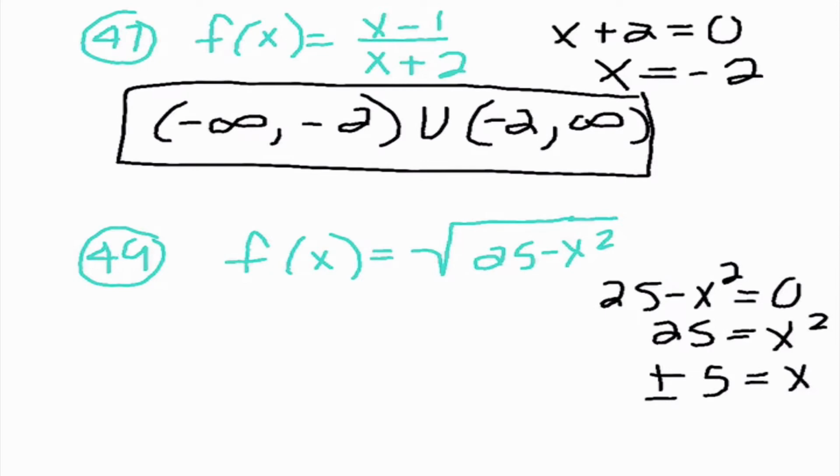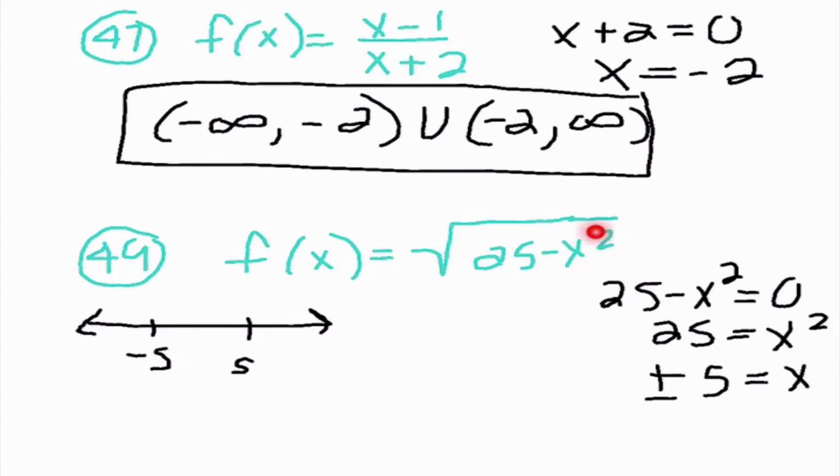So if I'm going through this, I'm setting whatever's inside our radical equal to 0, and I get plus or minus 5. So I'm actually going to go ahead and graph a number line here, just so I can tell which values are working. So I'm going to try and substitute in a number that's in between, like 0.